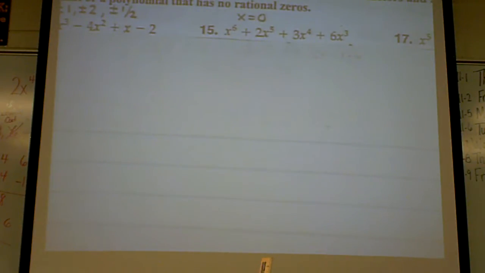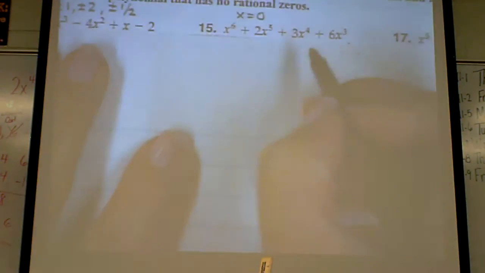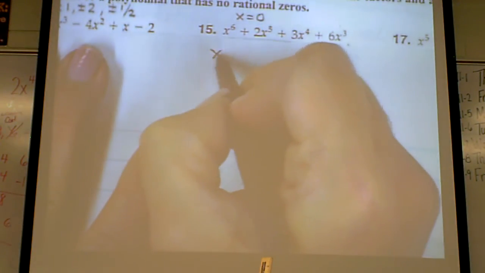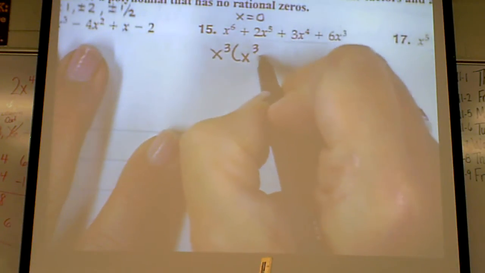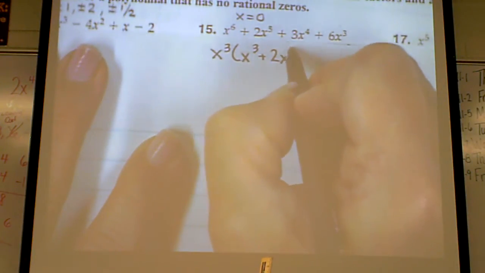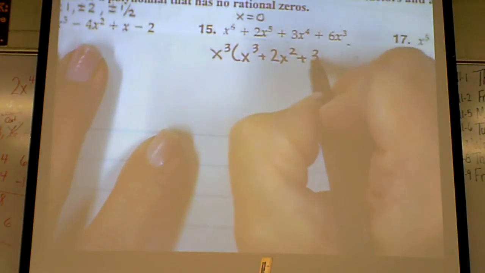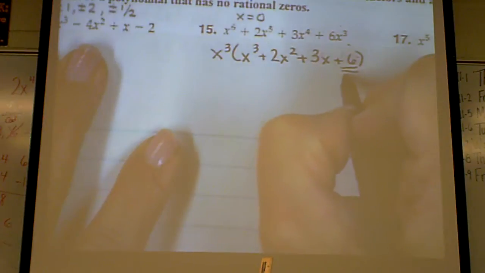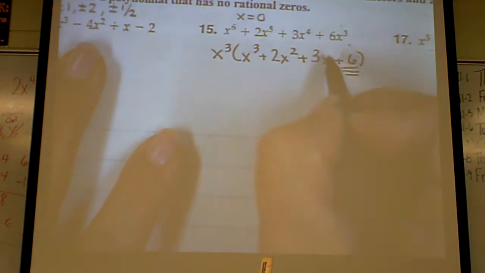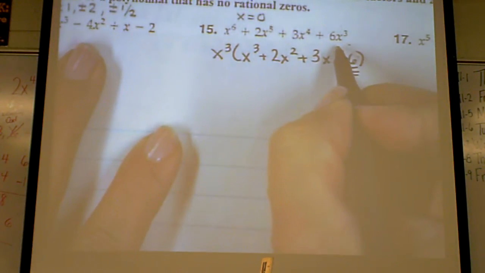So if I take out x cubed, because it's a common factor, you get x cubed times x cubed plus 2x squared plus 3x plus 6. You have to have a constant, and you don't have a constant right now.